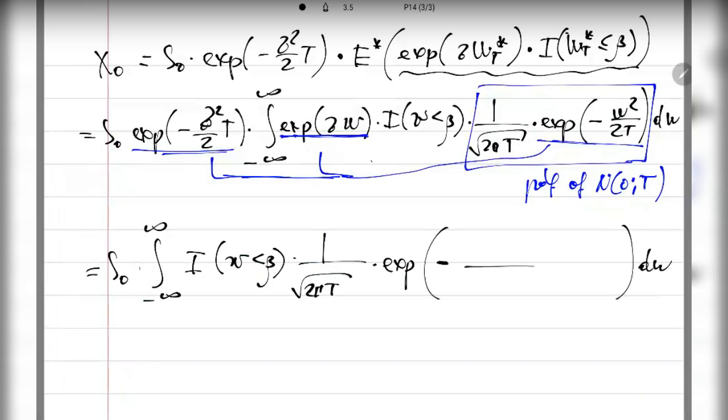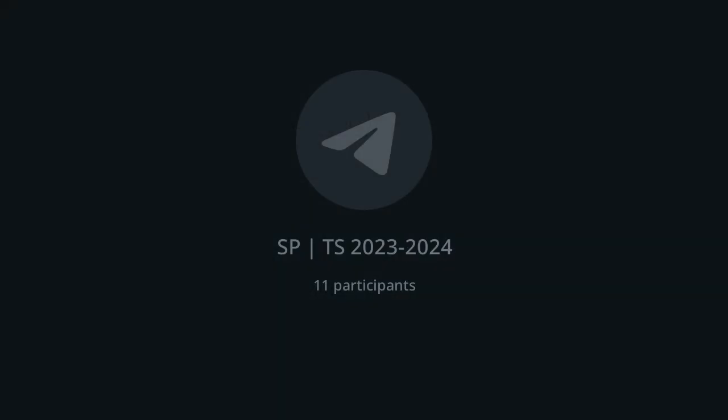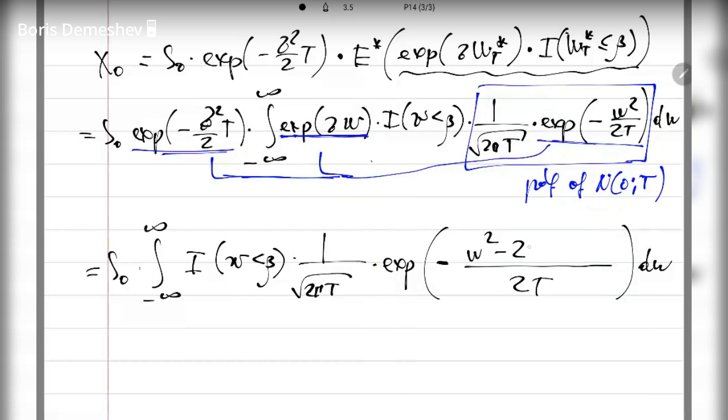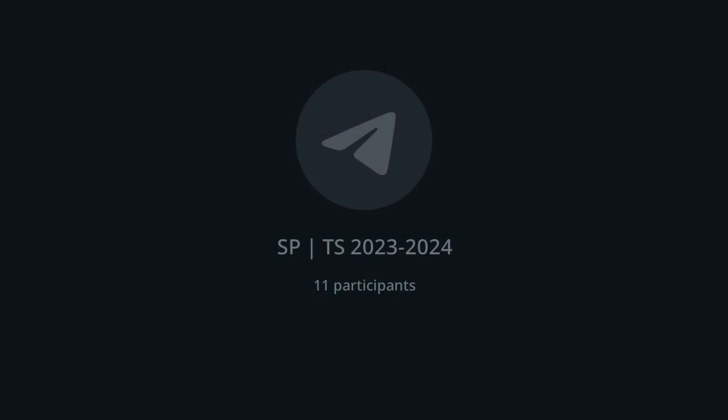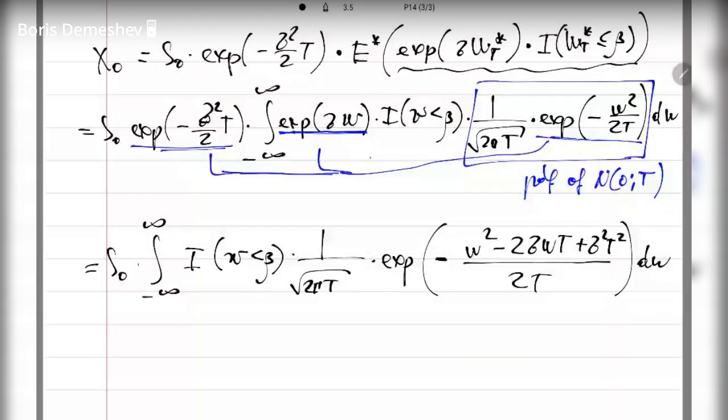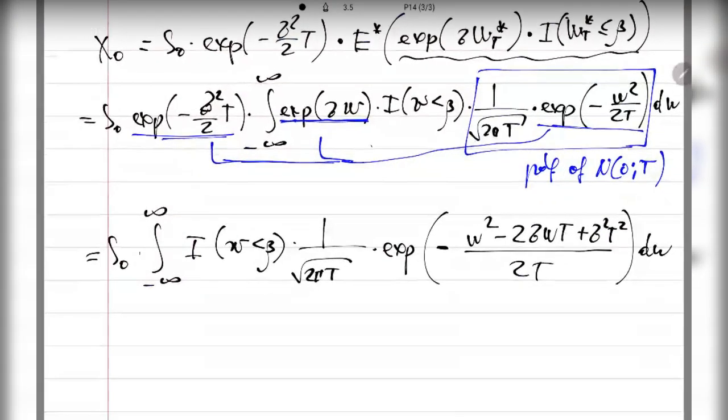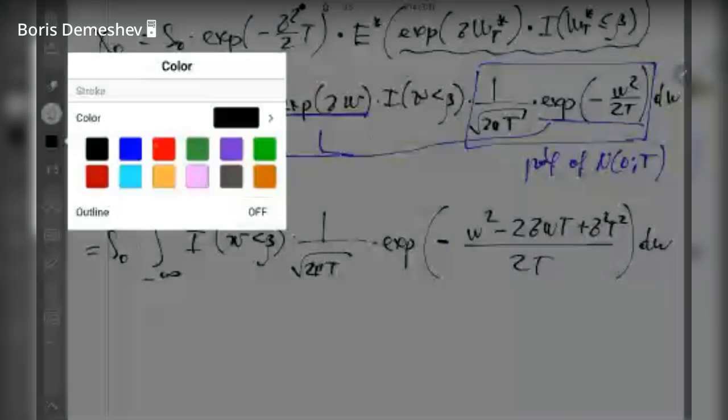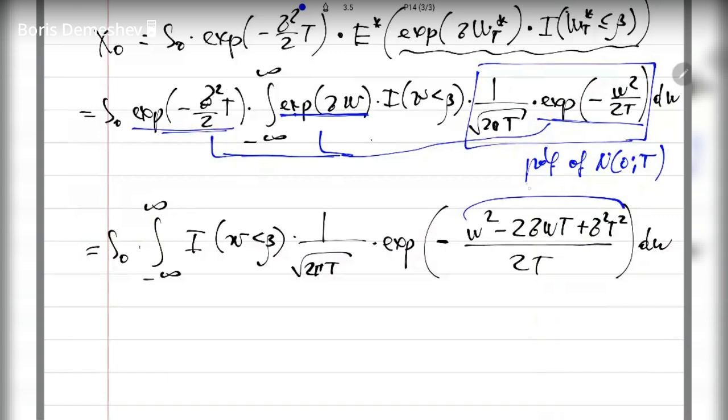I have minus over 2T of W squared minus 2 sigma W T plus sigma squared T squared. And a miracle happens. I have a complete square. Inside I have a completed square, an expression of the form a minus b squared.